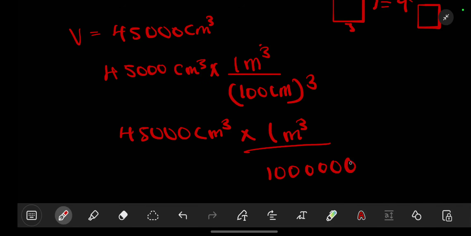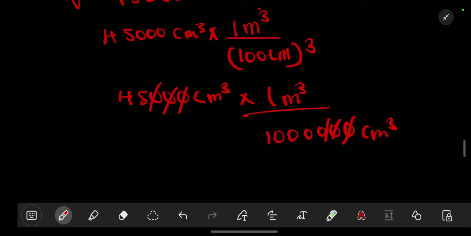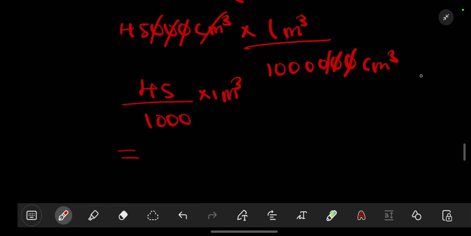Centimeter cubed cancels, and we cancel the 3 zeros there. Then we are remaining with our 45 over 1000, times our meter cubed. So converting this, we get 0.045 meter cubed.